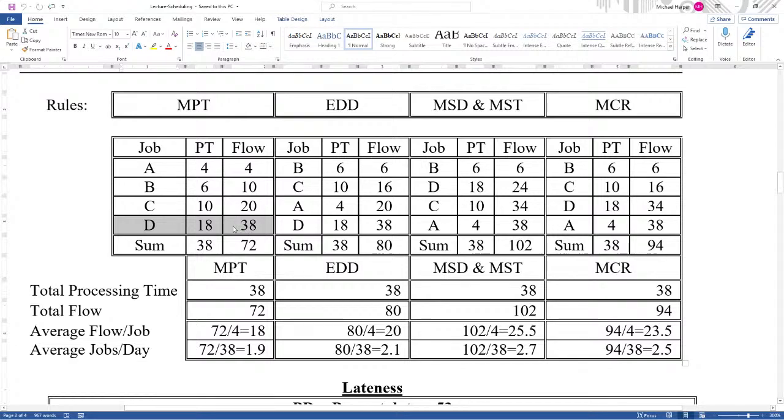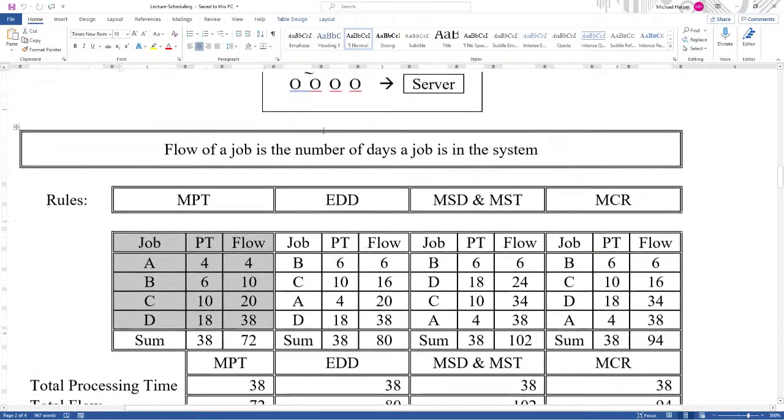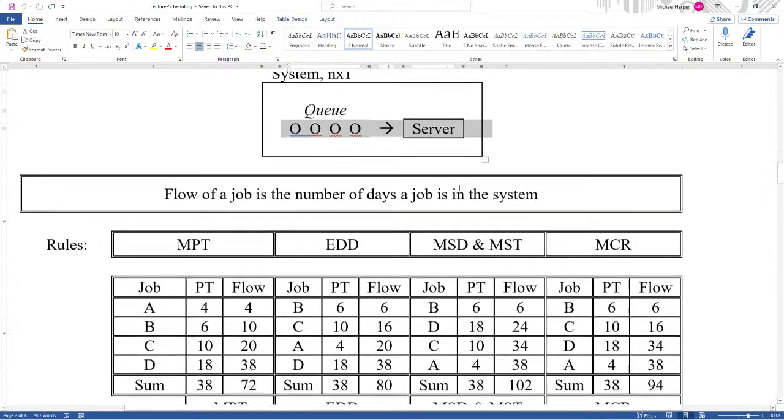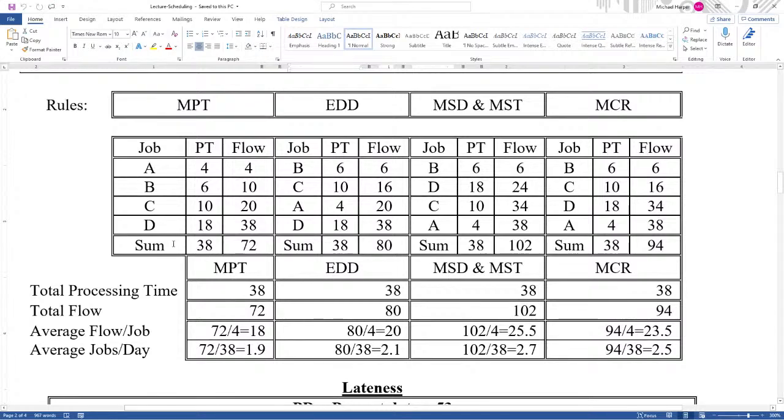The time it takes the last job to go through the queue and through the server is the time of completion, and that's referred to as the makespan. A makespan is the same as the total processing time, or the time of completion of the project. That's how long it takes.